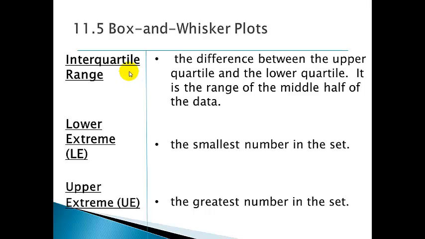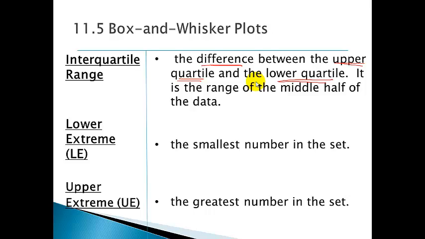That's not really a necessary part of the 5 data pieces, but basically it's just another fancy thing to have you write down. So it's the difference between the upper quartile and the lower quartile. It is the range of the middle half.